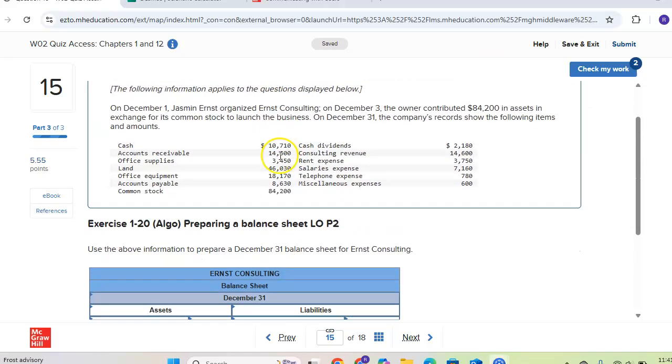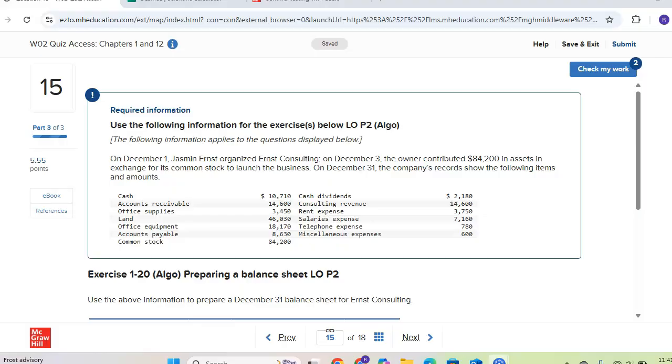Then within the liabilities, we go back to the box and look for our liabilities, which would be accounts payable. We know it's accounts payable because the company is liable to pay those accounts back eventually.